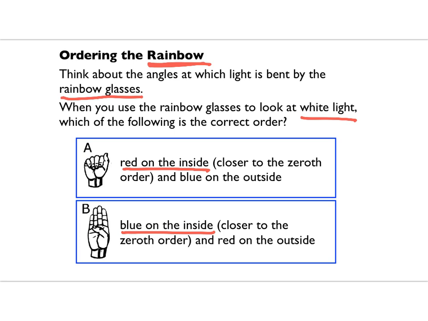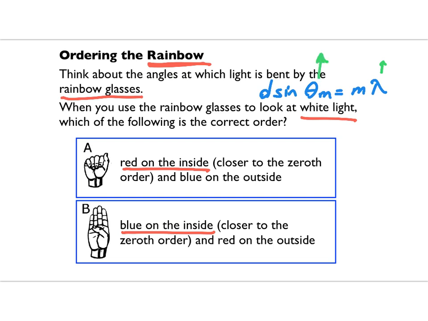Well, if we look at our basic relationship for the angle at which the different orders of diffraction appear, it's d times the sine of theta m is equal to m times lambda. So if the wavelength gets bigger, the angle gets bigger because everything else is going to stay the same.